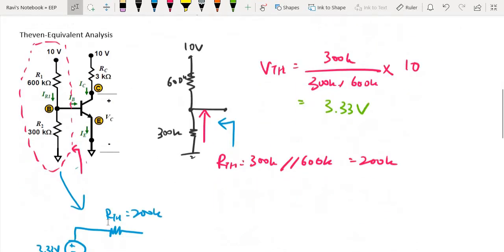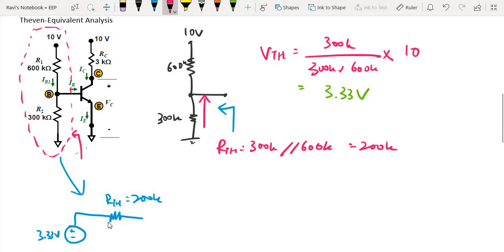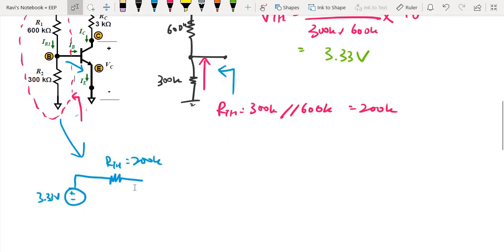For VBE to be greater than 0, that means I want current to flow in this direction. From a diode perspective, the moment a diode starts to conduct current in forward bias, we know that the voltage across the diode is fixed at 0.7 volts, correct? So that is what we know from the learning of the diode principles.